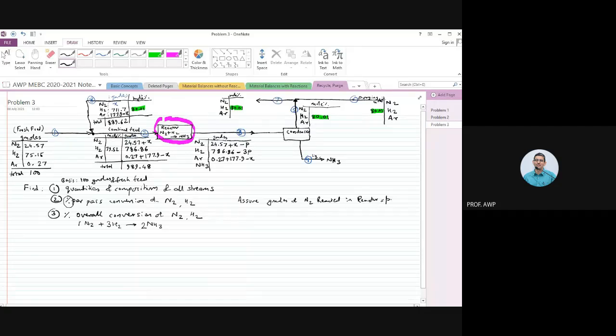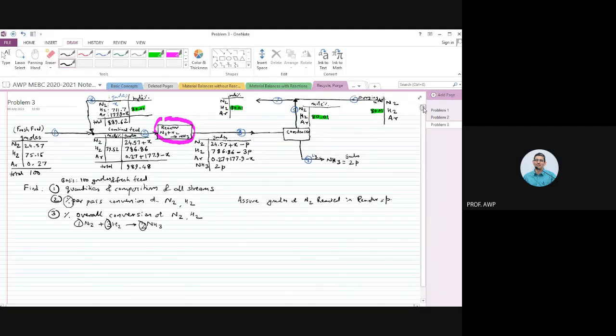So don't forget the stoichiometry. 1 mole of nitrogen reacts with 3 moles of hydrogen, giving us 2 moles of ammonia. So the ammonia formed would be 2 times P. So in terms of gram moles, ammonia would be 2P.